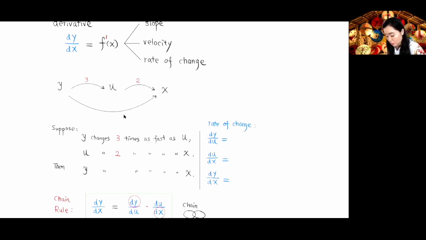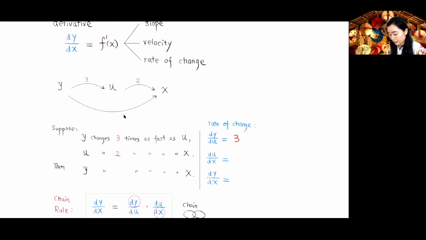So over here, y changes 3 times as fast as u. So the rate of change of y with respect to u, which is dy du, will be 3. And u changes 2 times as fast as x. Then the rate of change of u with respect to x, which is du dx, is going to be 2.